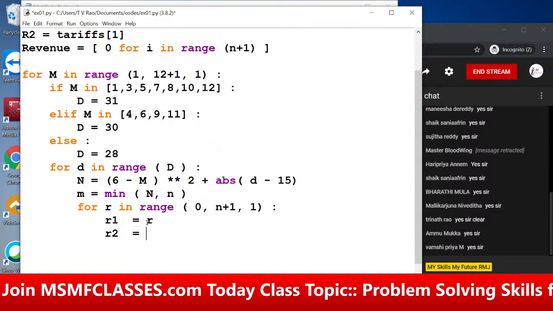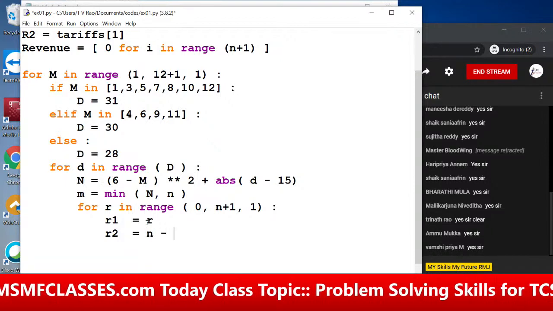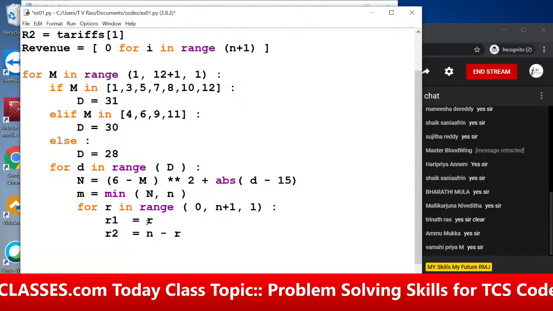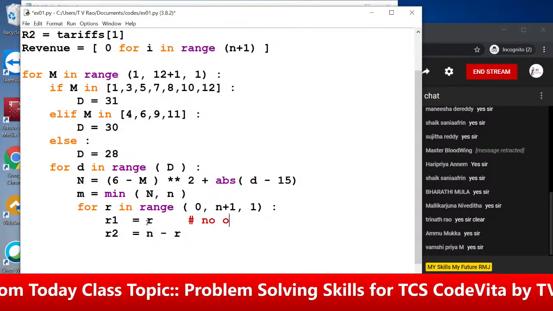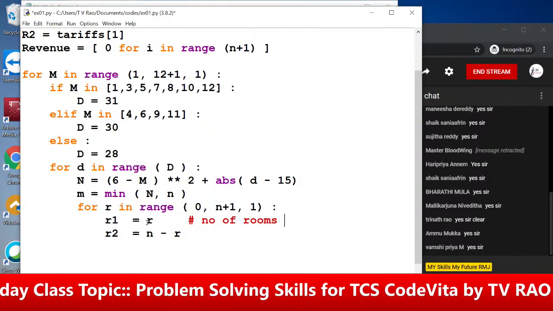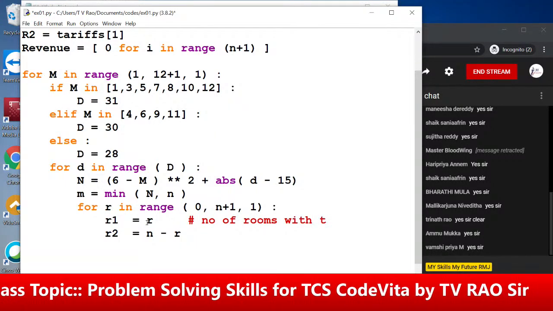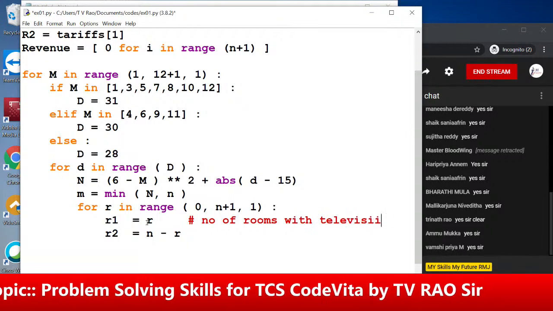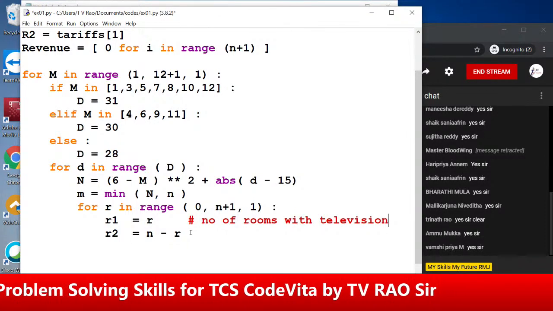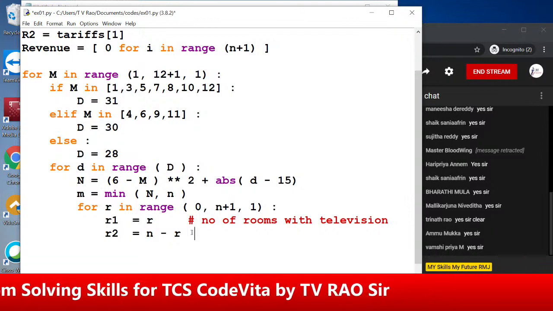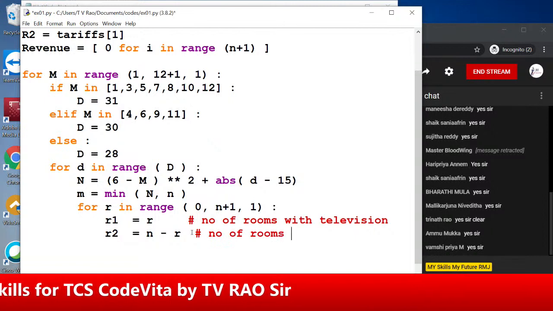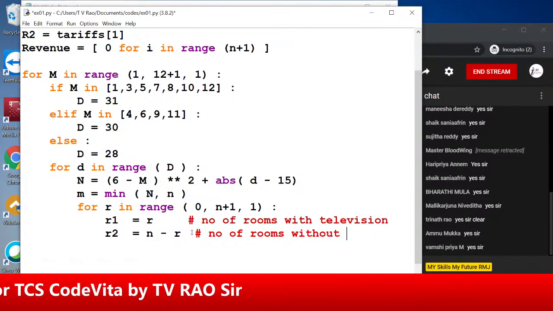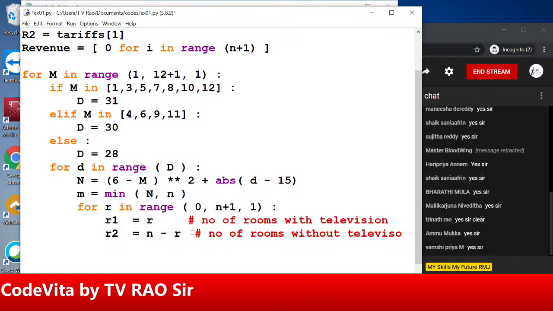Number of rooms without television is the total number of rooms minus the number of rooms with television. What about this? Number of rooms with television occupied so far. And what about this? Number of rooms without television occupied so far. Okay, is this clear?